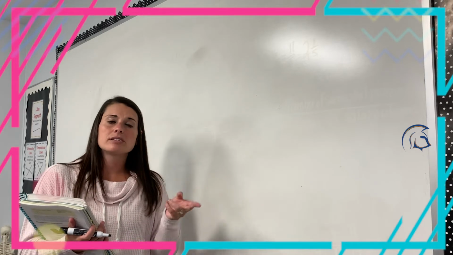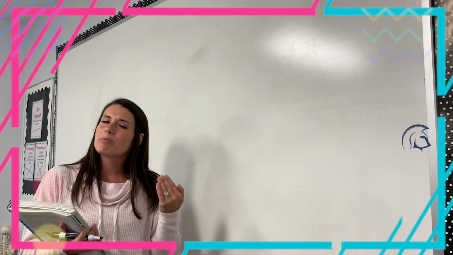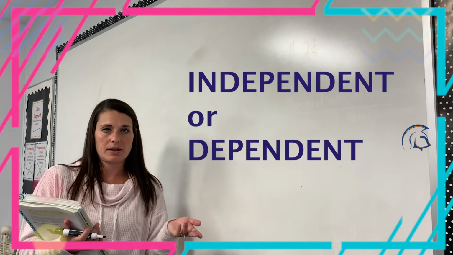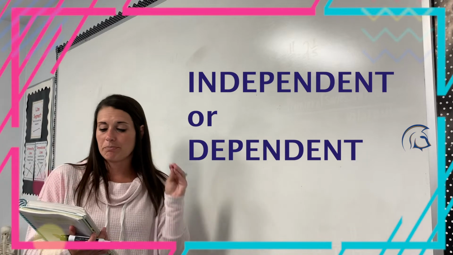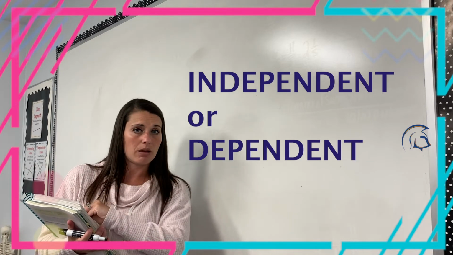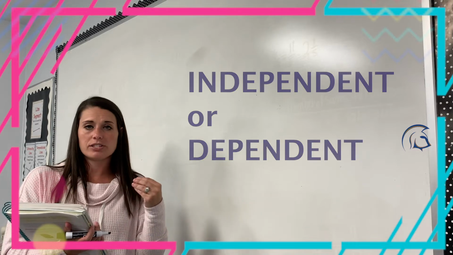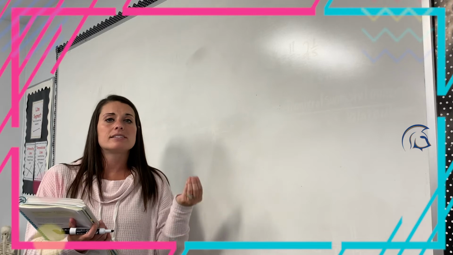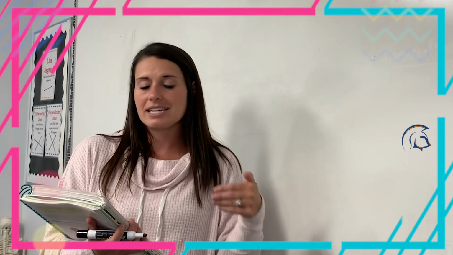And that brings us to two definitions you need to pay attention to, and that's being able to determine whether an event is independent or dependent. The way you will be able to figure that out is by the wording in your problem. If you are doing a probability using the word and, and it says with replacement, then that is independent.